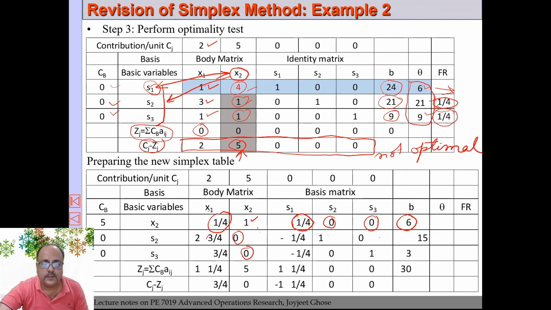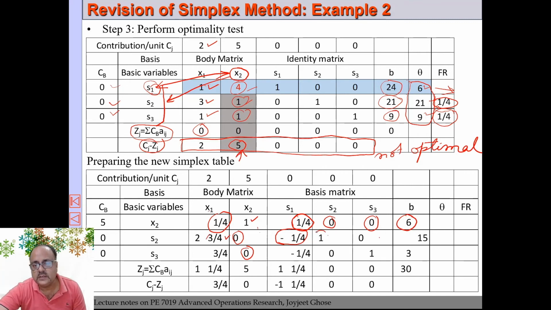Now to find out the other row values here. So this is 3. So 3 minus 1 by 4 into 1 will give us 3 minus 1 by 4, which will be equal to 11 by 4. So this is 11 by 4. Next one, 0 minus 1 by 4 into 1 is equal to minus 1 by 4. So this is minus 1 by 4. Similarly 1 minus 1 by 4 into 0 will be 1.